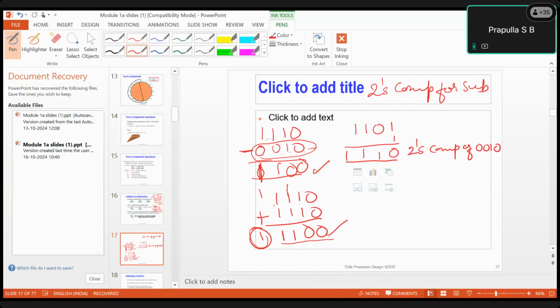Now this method is very useful when you have got to subtract a larger number from a smaller number. Okay, that is very difficult for you to do in normal subtraction. So we will see some examples with that.